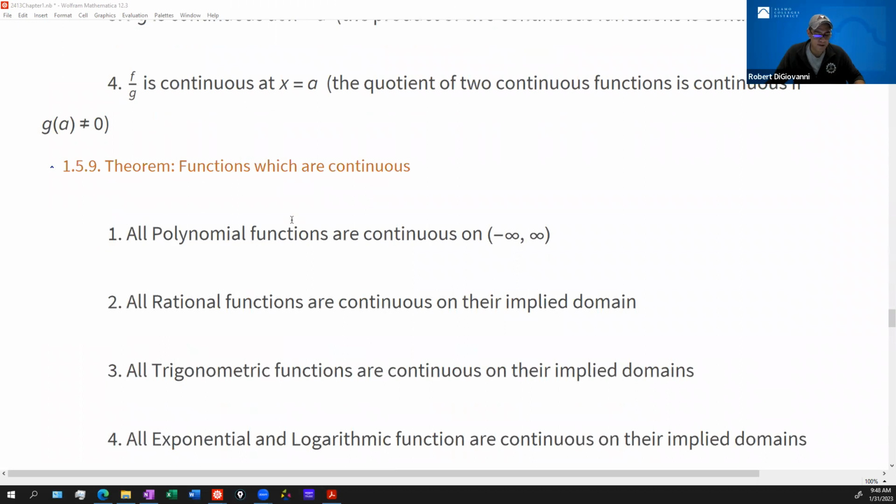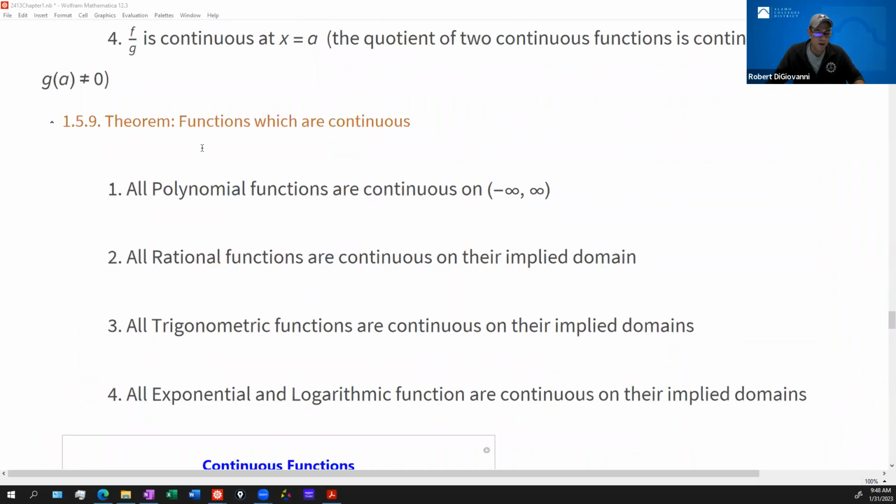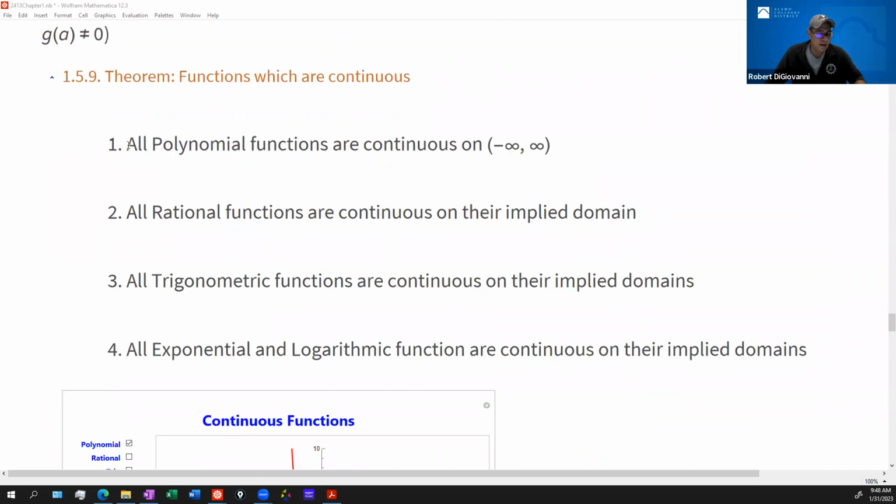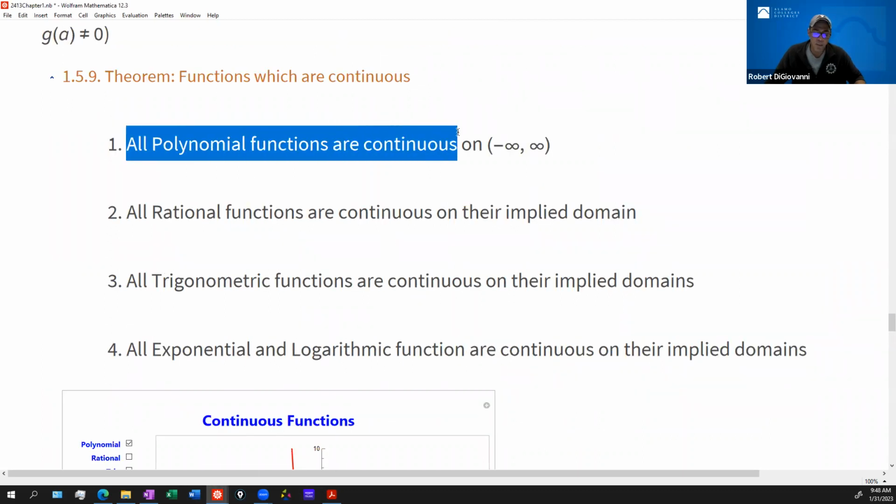All right, so now this is a big one, this note here. What functions that you've learned in your life are continuous, right? Like, what can we say is continuous and what can we say is not? So if we go back and look at college algebra, all polynomials are continuous everywhere. Think about parabolas, lines, polynomials that would go up and down, left and right hand behavior that we had.